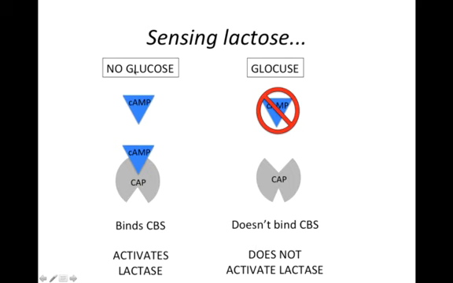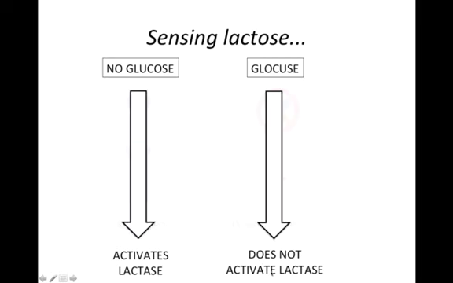And so here are the details: no glucose, cyclic AMP, CAP change, binding to the CBS, activating lactase, and then the opposite: glucose, no cyclic AMP, no binding to CAP, no binding to the CBS, do not activate lactase. And so we've got both the details, and then we've got the general logic, or the general outcome.